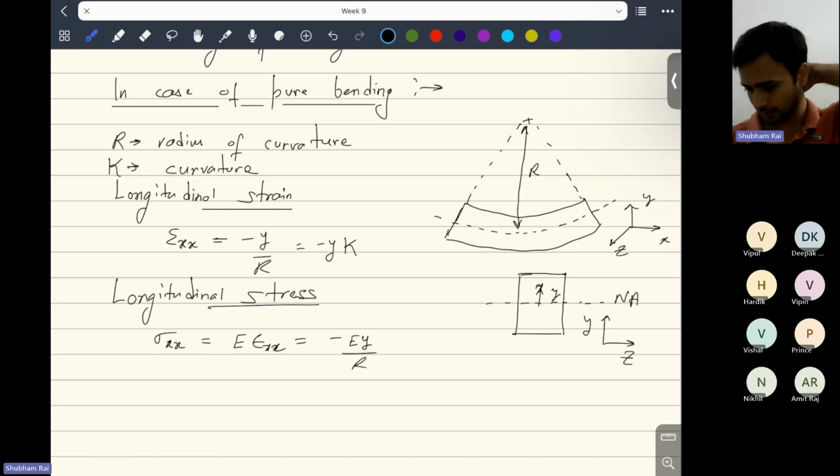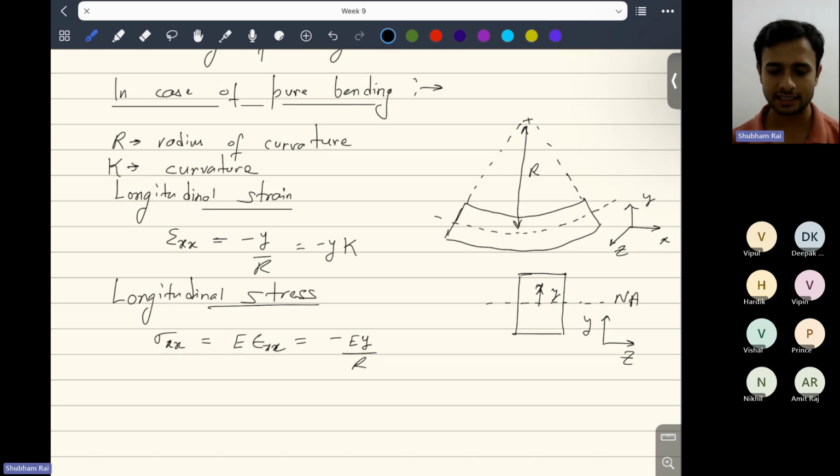Now, let's say I want to write the expression for this radius of curvature. So, what do you think? On which quantities is this radius of curvature going to depend? Please tell me. So, let's say I'm applying a bending moment at the end points of this beam.